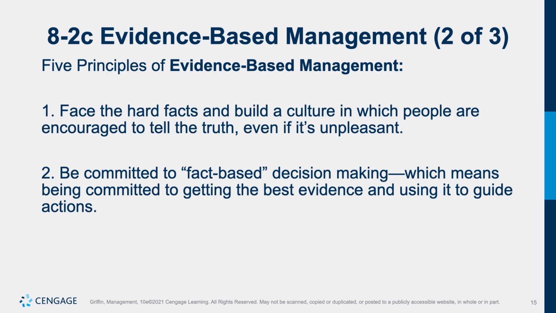The five principles of evidence-based management, and the first is to face the hard facts and build a culture in which people are encouraged to tell the truth, even where such truths may be unpleasant to the employers or to their managers. One way that was implemented where I used to work in the industry was the provision of anonymous suggestion boxes, right?